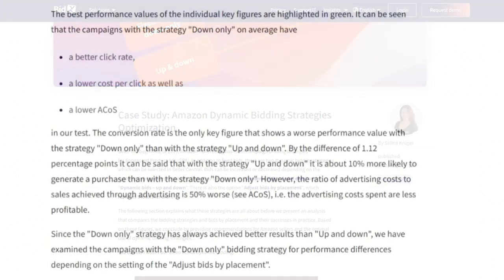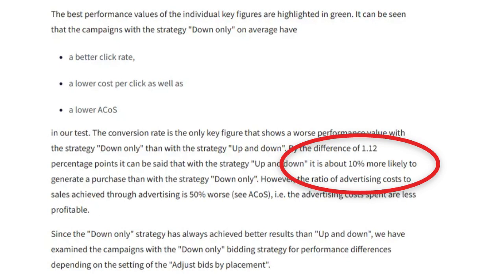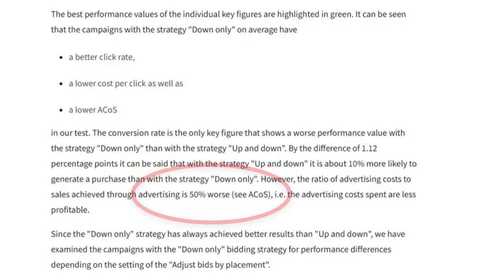Up and down did produce a conversion rate of about 10% higher than down only, but it came with a 50% worse ACoS. The extra conversions cost significantly more than they were worth. That matches what I see in practice, and it matches what almost everyone who has written about this in any depth has found. The data just doesn't support using this strategy in almost every situation.